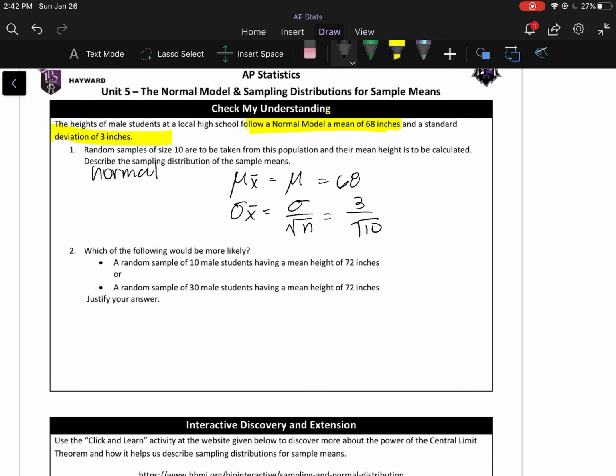Which of the following would be more likely? A random sample of 10 male students having a mean height of 72, or a random sample of 30 male students having a mean height of 72? So the answer is the second one.